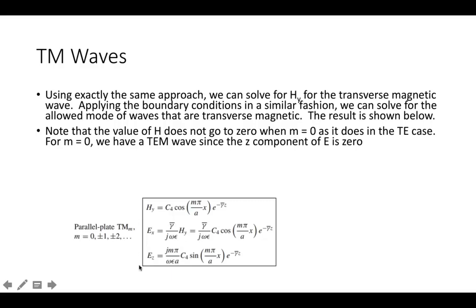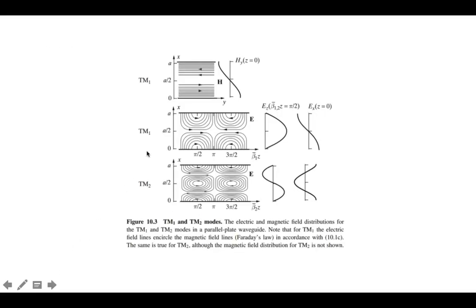And these are what the fields look like for the TEM wave. So you have a Y component of H, you have an X component of E, you have a Z component of E. And so this is a picture illustration of the TEM wave. Once again, this is looking down the end of the waveguide.